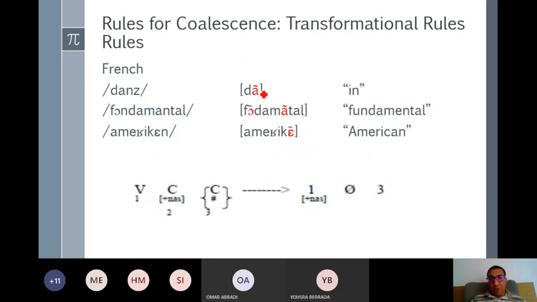nasalization in French. Nasalization applies word finally, it applies word finally here, and it also applies when there is a consonant following the nasal consonant here, right? Well, the way we formalize nasalization in French is to consider it as a coalescence.